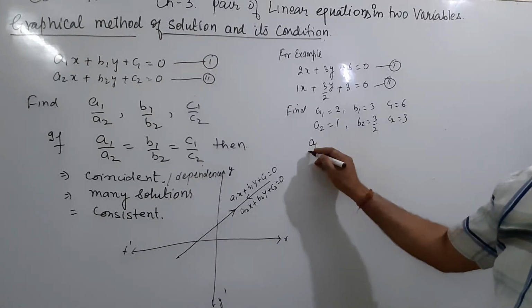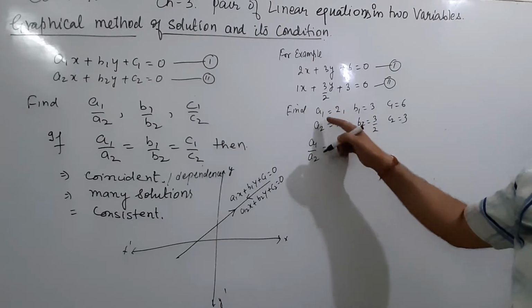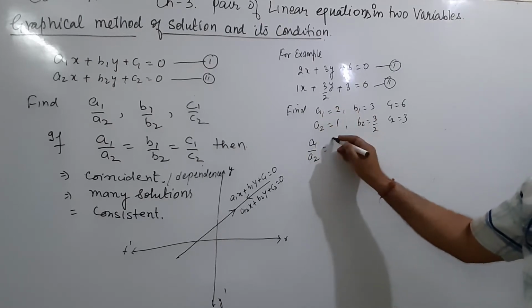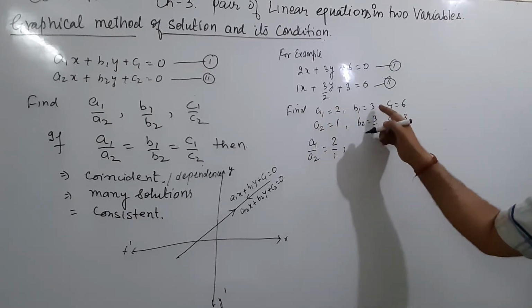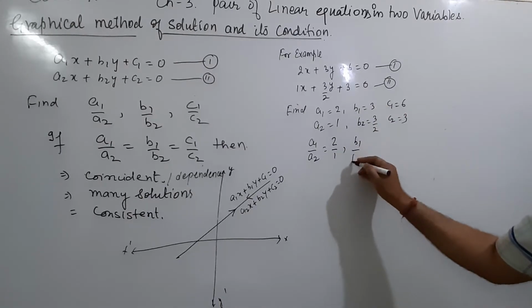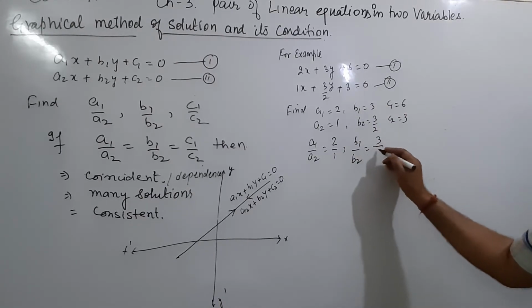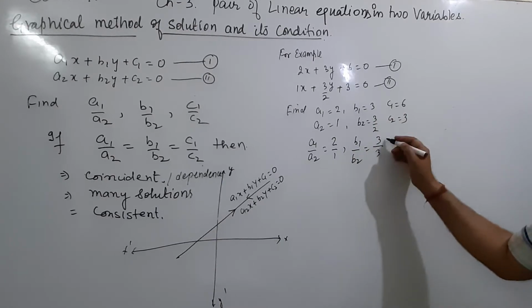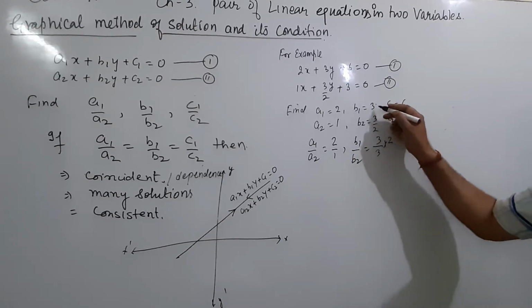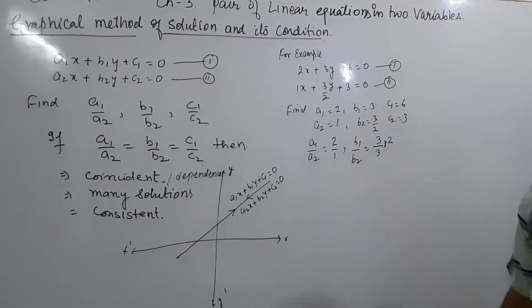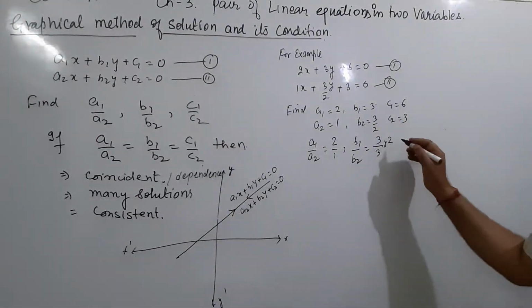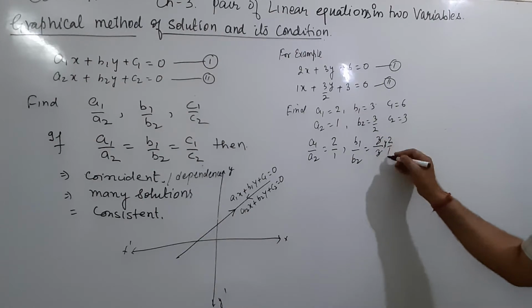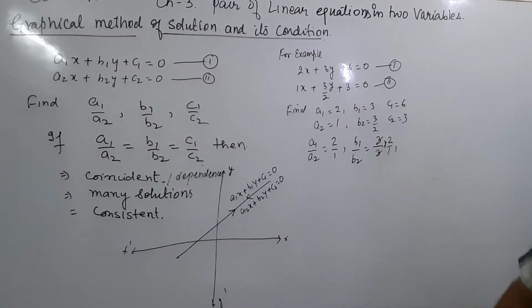The ratio a1 upon a2, 2 upon 1, comma, here b1 upon b2, 3 upon 3 by 2, and this 2 goes upward, 3 into 2 upon 3, this will cut, what is left? 2 upon 1. Is it clear?